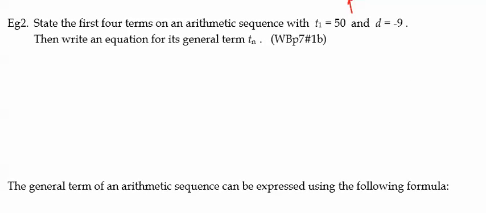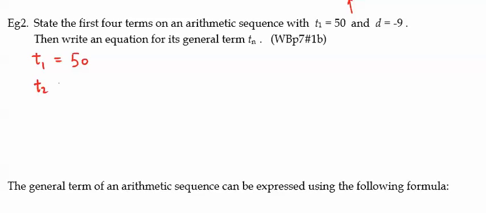So here in example number 2, state the first 4 terms of an arithmetic sequence starting with 50. That's term number 1. The little subscript is to indicate the number of terms that you are dealing with. Here we have -9 for the pattern. The numbers are going down by 9.